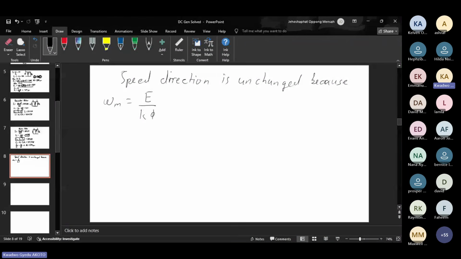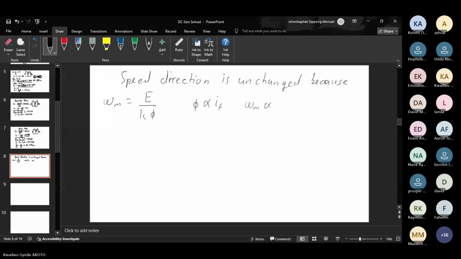So phi depends on IF, right? So that means that the direction of our speed is going to depend on the direction of our IF, right?